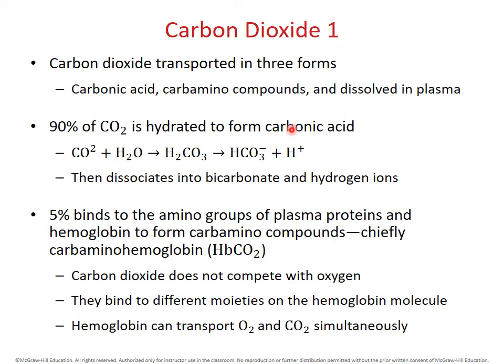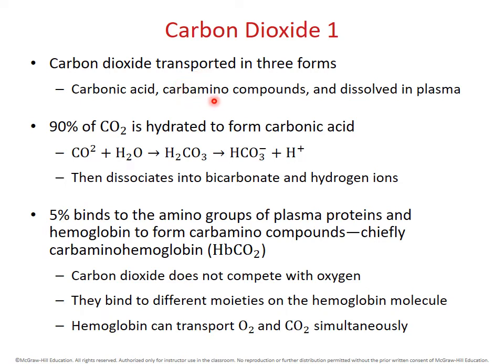And these three different modes of transport for carbon dioxide are carbonic acid, carbamino compounds, which essentially is carbaminohemoglobin. Recall that hemoglobin can also bind to carbon dioxide, and hemoglobin bound to carbon dioxide is called carbaminohemoglobin.